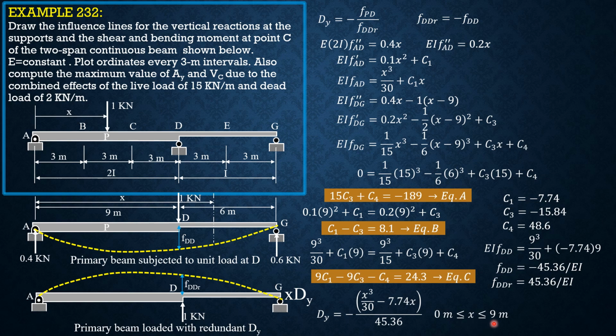Then for dy from 9 to 15, let's have it on the next slide. So dy from C to 9 is negative of quantity x cubed over 30 minus 7.74x over 45.36, from 0 less than or equal to x less than or equal to 9 meters.